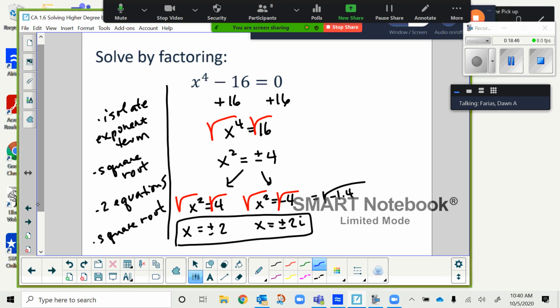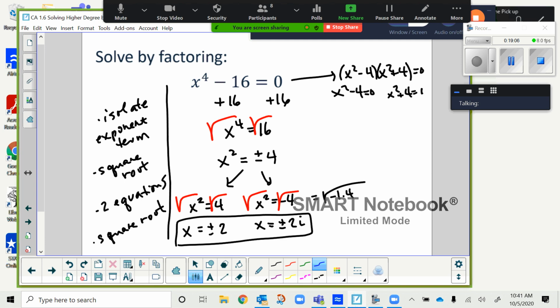But if you're a perfect square person, like I'm a perfect square person, what you could have done here is said that this is x squared minus 4 times x squared plus 4. This is difference of 2 squares. And then just set those two factors equal to 0 and solved. And you would get the same thing.